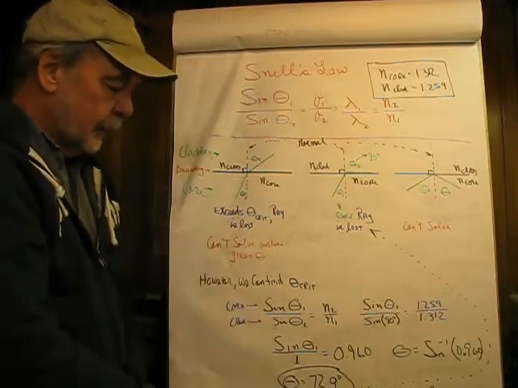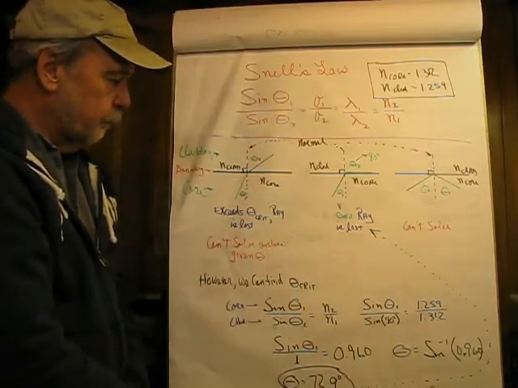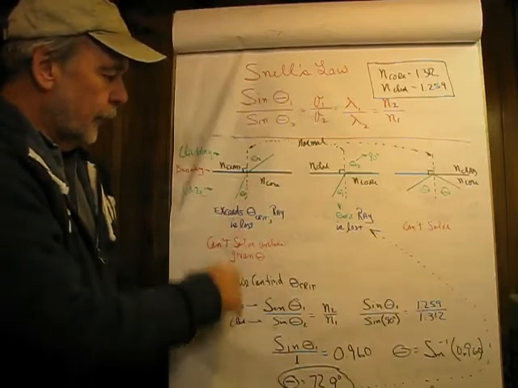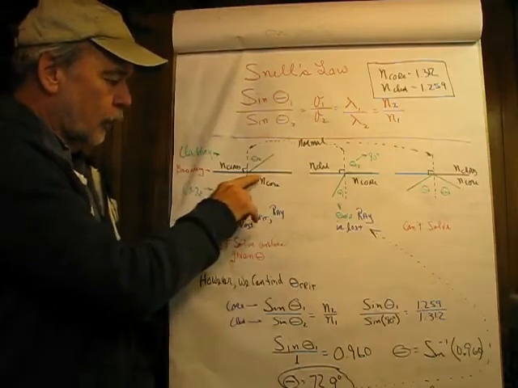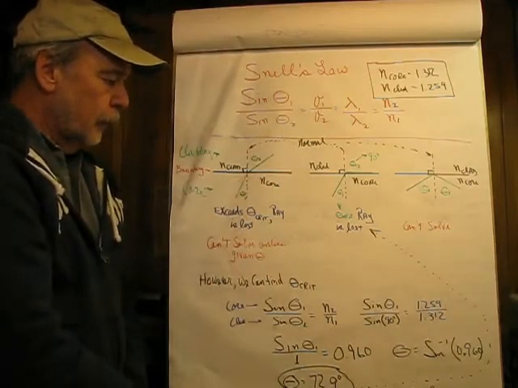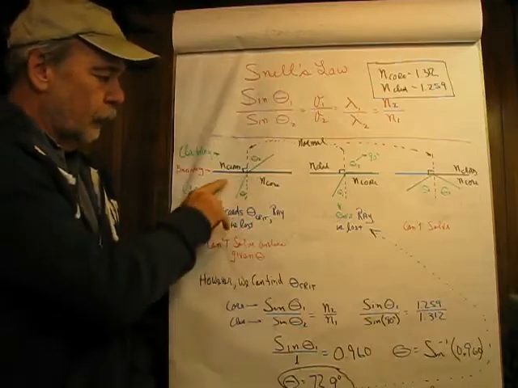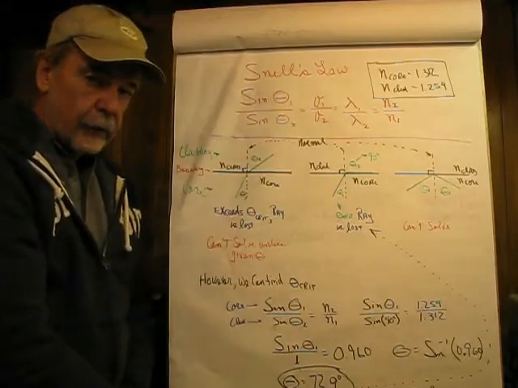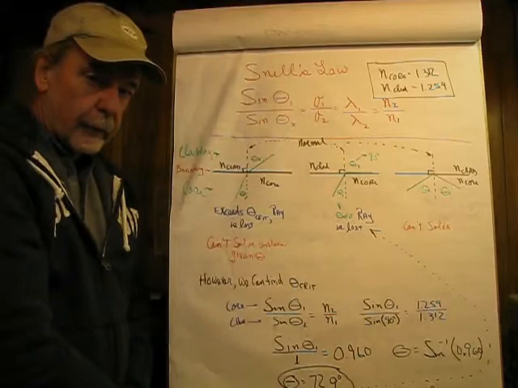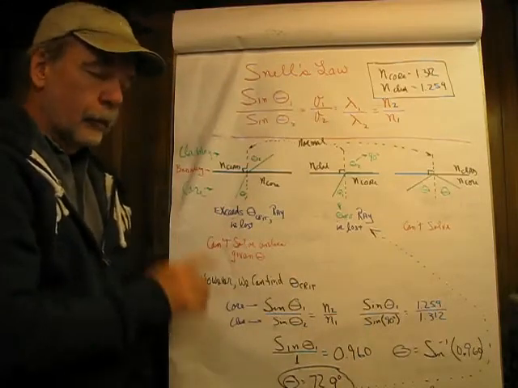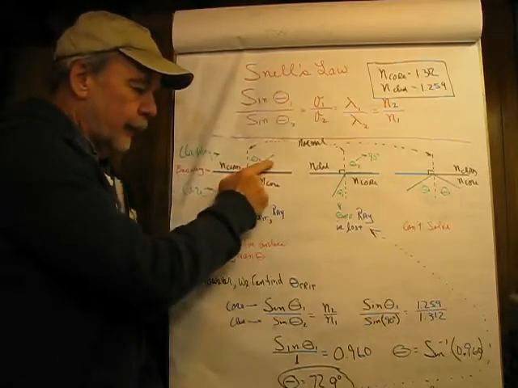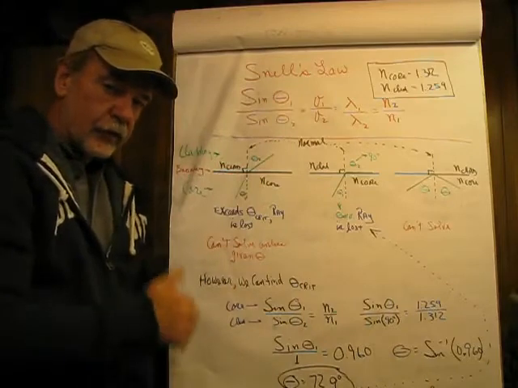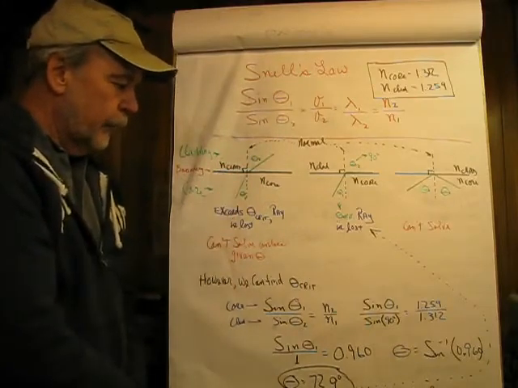It can't be bent. Because of that, it crosses the boundary of the core and cladding and is lost in the cladding, meaning that it's never going to appear at the output in a usable form. So remember, the cladding has a velocity of propagation which is higher than that of the core.